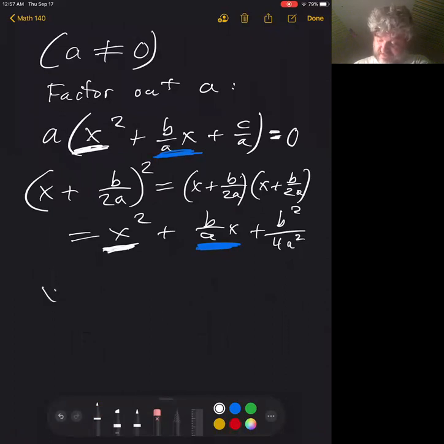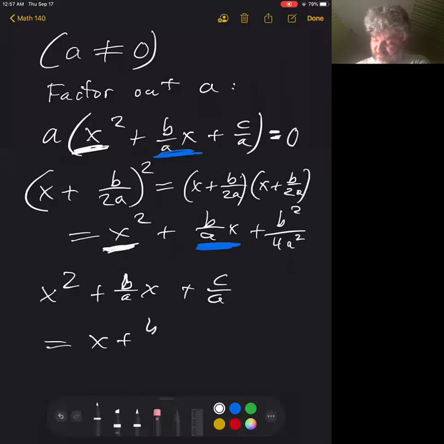So x squared plus b over a times x plus c over a is equal to that perfect square minus b squared over 4a squared plus c over a.